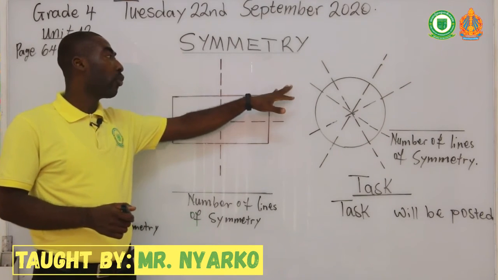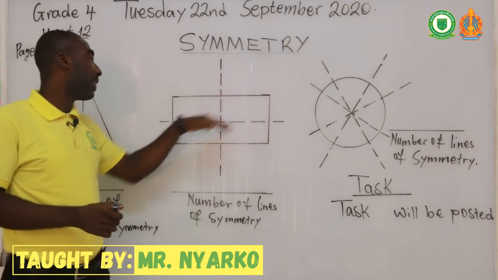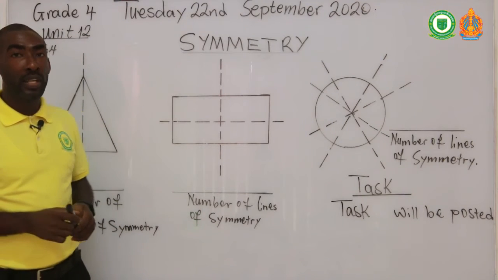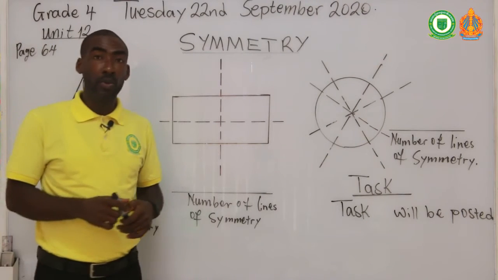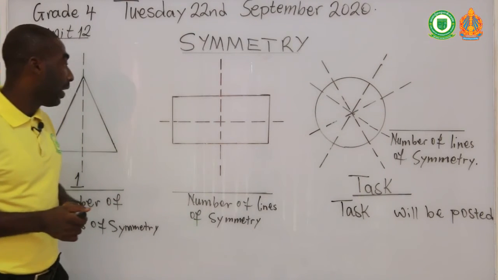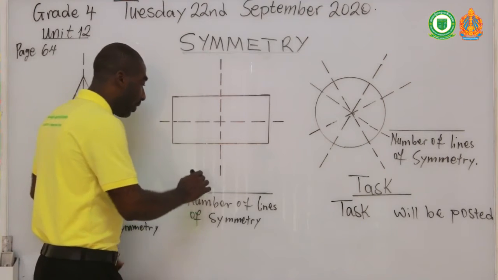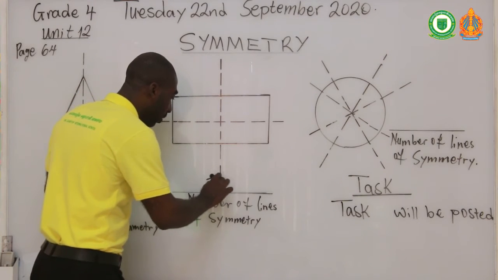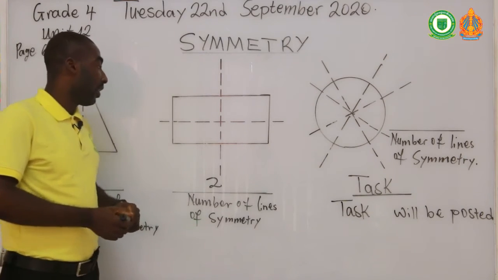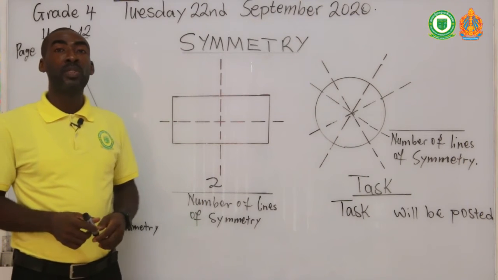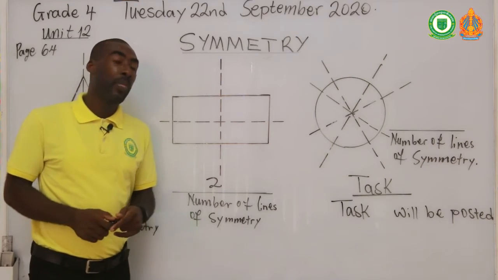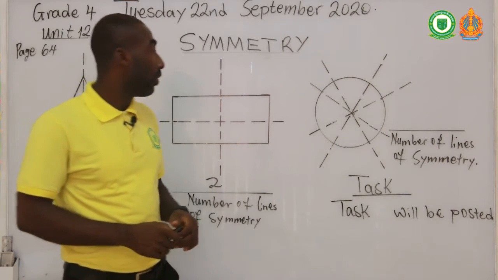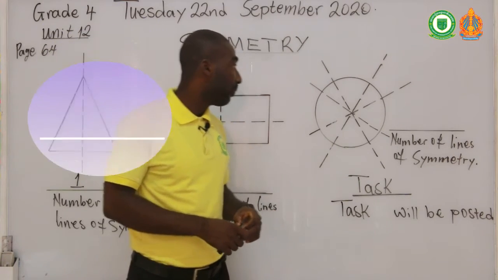You always have to be careful about that. So a rectangle can only take two lines of symmetry, whereas a square can take four.